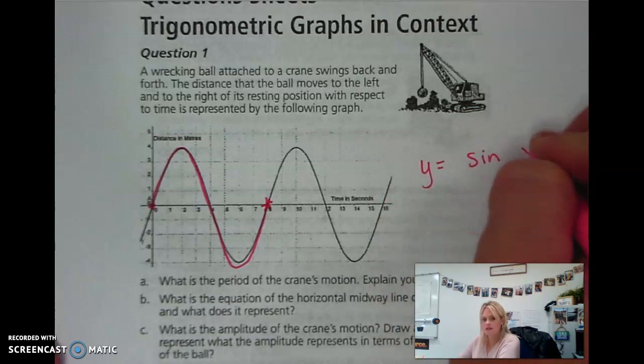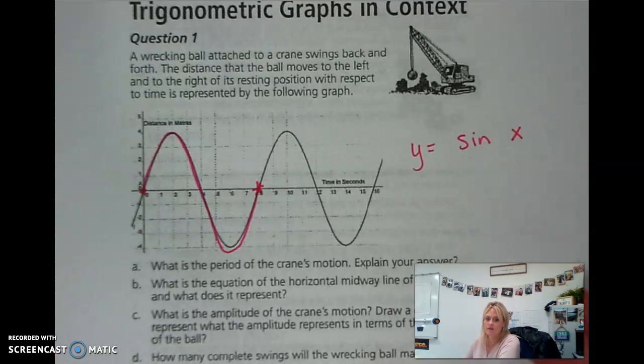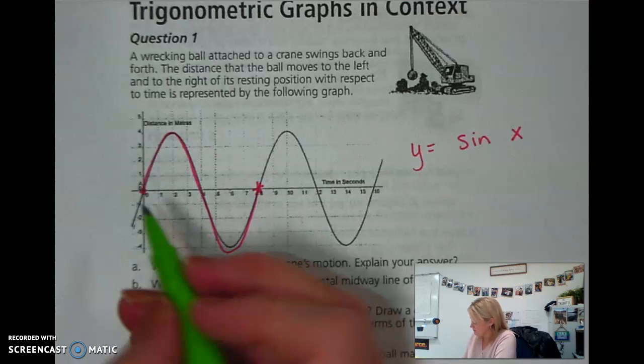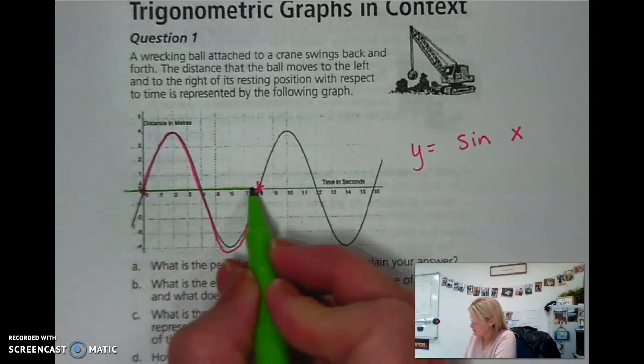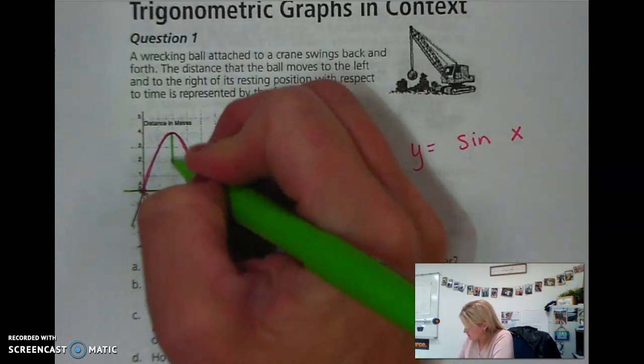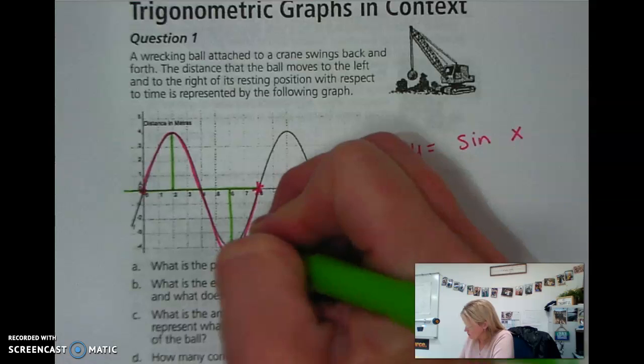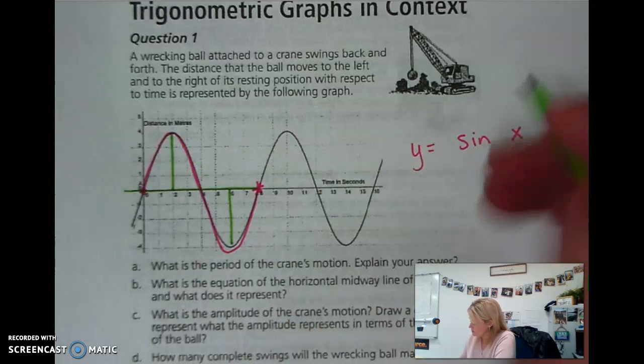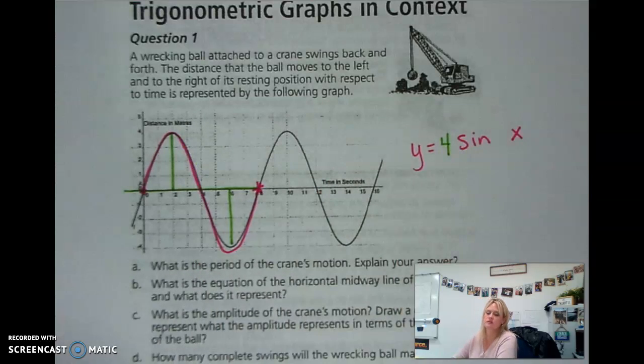So I already know that my equation to this graph is going to have sine in it. The second easiest thing, I think, is to find the midline, which happens to be at 0. So there is no plus anything out here. And that helps me find my amplitude. It goes as high as 4 and as low as negative 4, so my amplitude is 4. It does not shift left or right, so there is no number inside the parentheses.